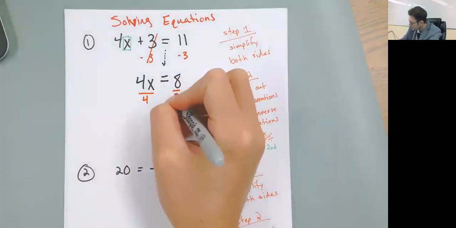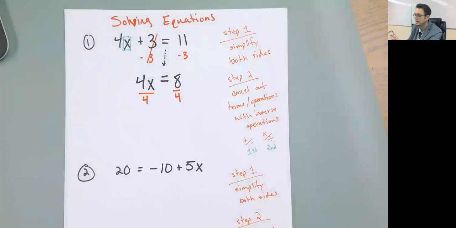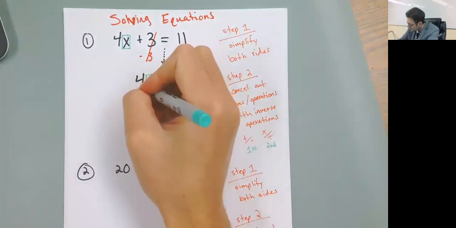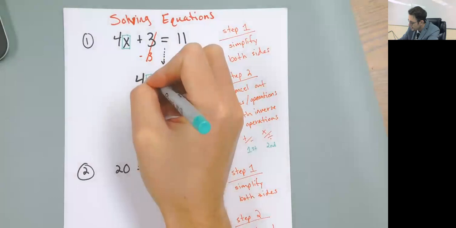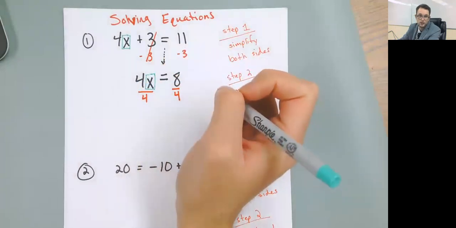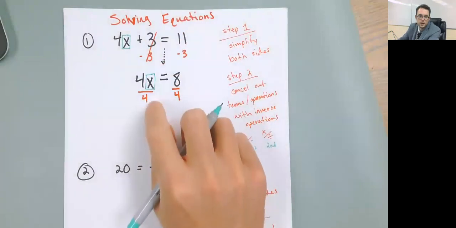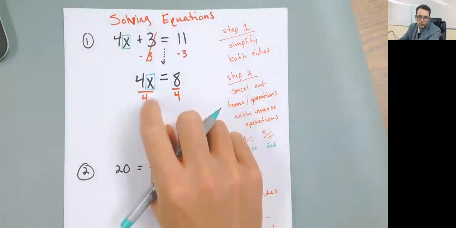And what I do to one side, I do to the other side. Really important: I did not divide by x. I only divided by the 4. I don't want to cancel this x out. The whole point is I want it by itself on the left side. You don't divide by 4x. You only divide by 4.